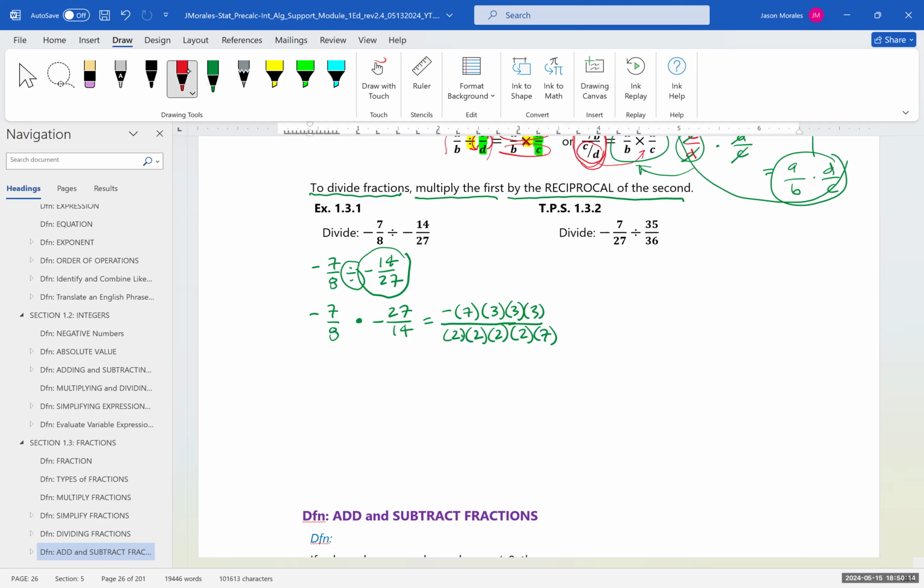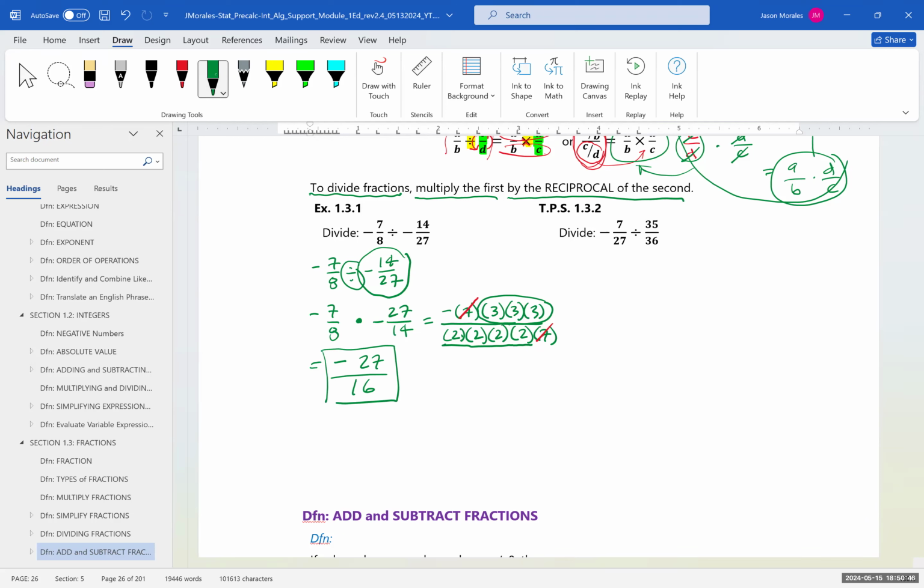And let's see, we do have one common factor, 7 and 7. We can cancel those out. And so what we have left is negative 3 times 3 times 3, which is 27. And down here in the denominator, we've got 2 times 2 times 2 times 2. That will come out to 16.